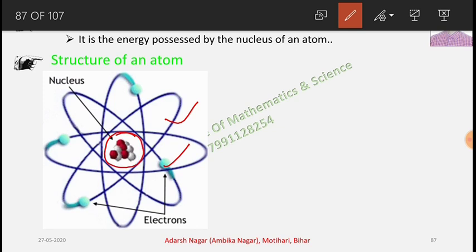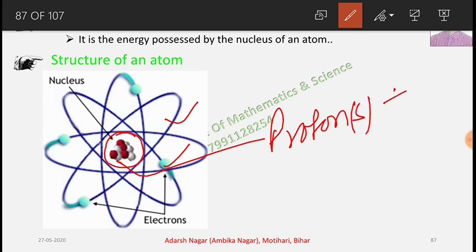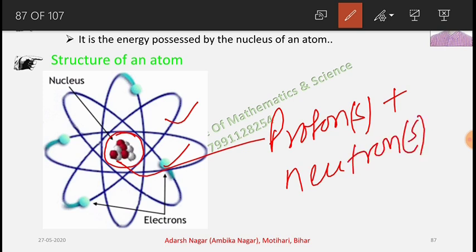We have already studied that electrons revolve around the nucleus, and the nucleus consists of protons plus neutrons, and this is your electron.